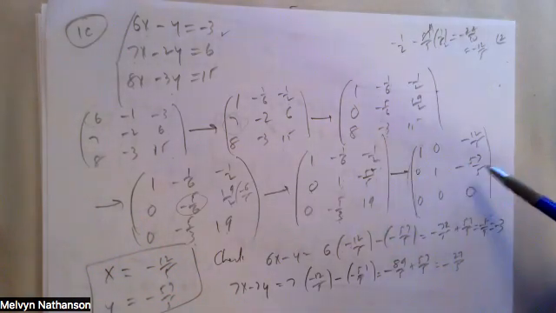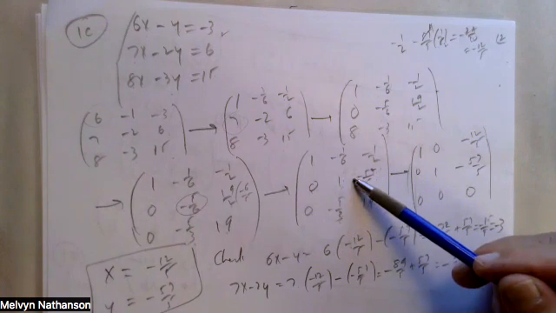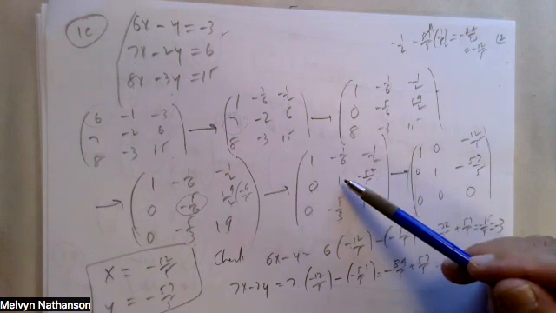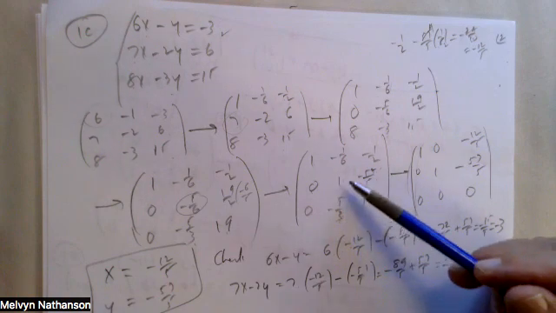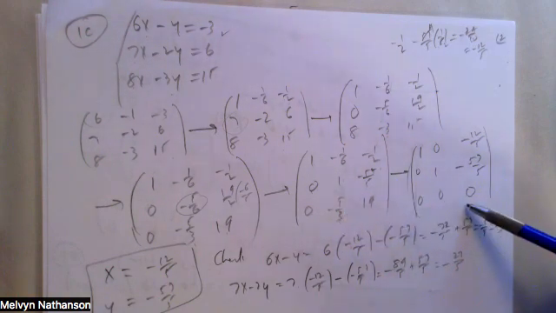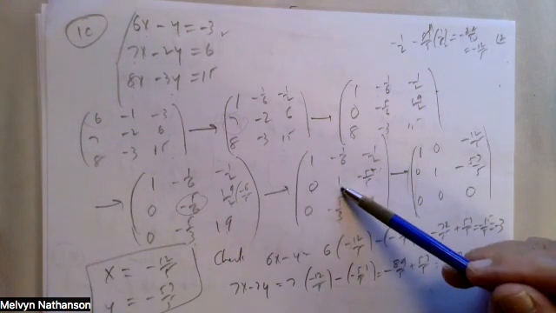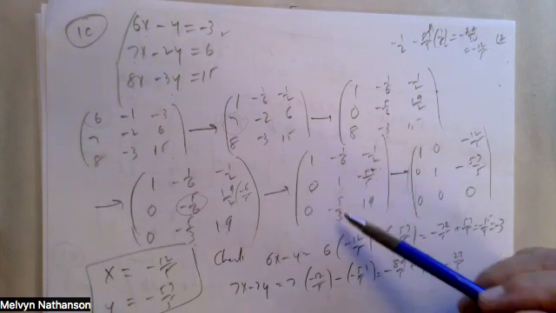Then I add 5 over 3 times row 2 to row 3. So I get 0, 0, and then 0. That looks good. And I take this row times 1/6, then I add.